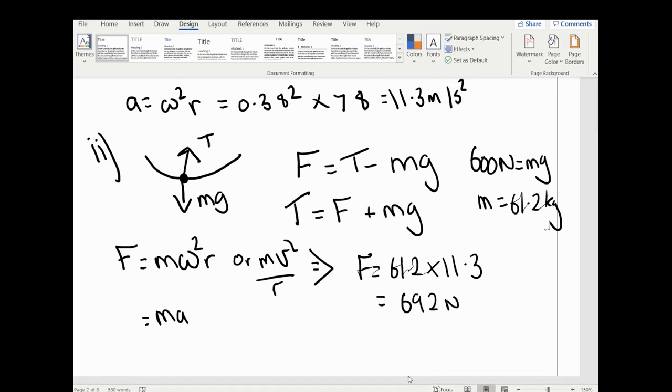So the tension is going to be 692 plus 600. It's much easier to just use the calculator: 1291. So in this situation, the tension on the struts is going to be 1,291 newtons. So this is the tension on the struts.